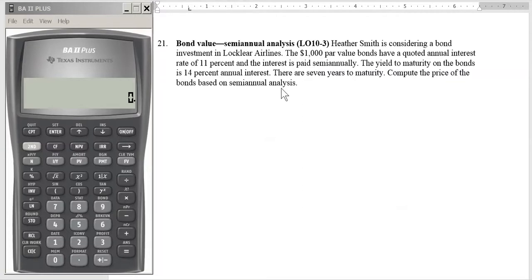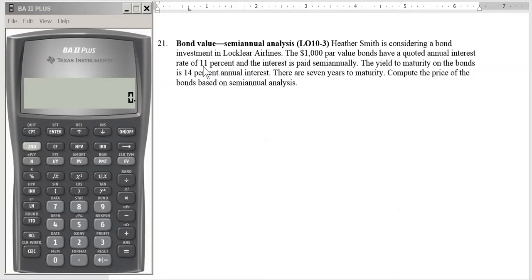Before we start working on the problem, let's make sure that we understand all of the terminology used here. The $1,000 par value bonds refers to the face value of the bonds, which is also the maturity payment at the end of the bond's life.